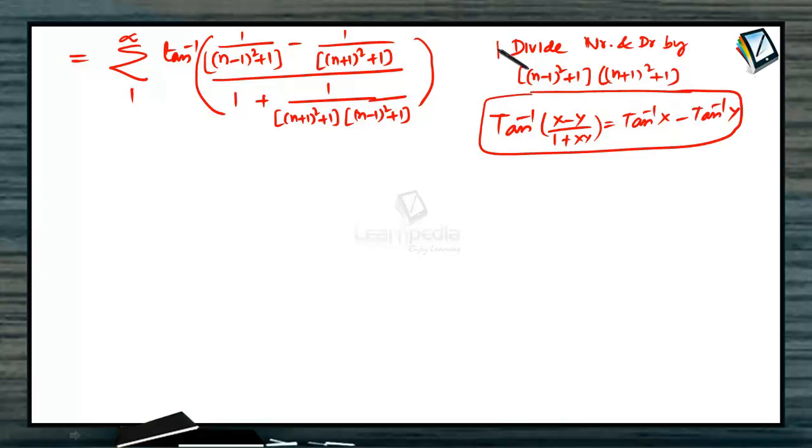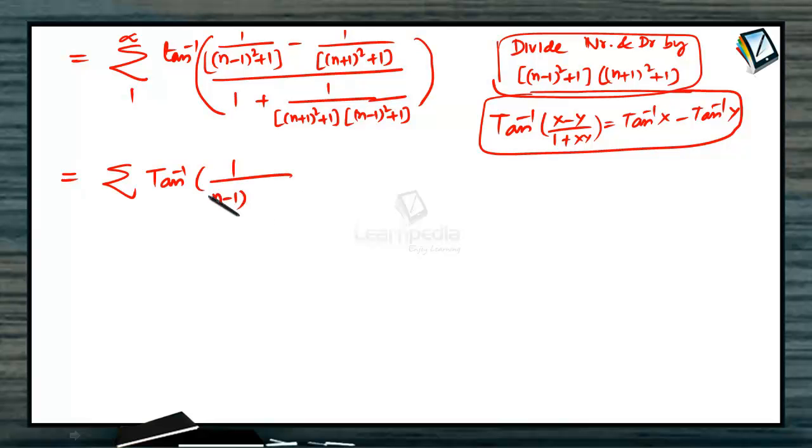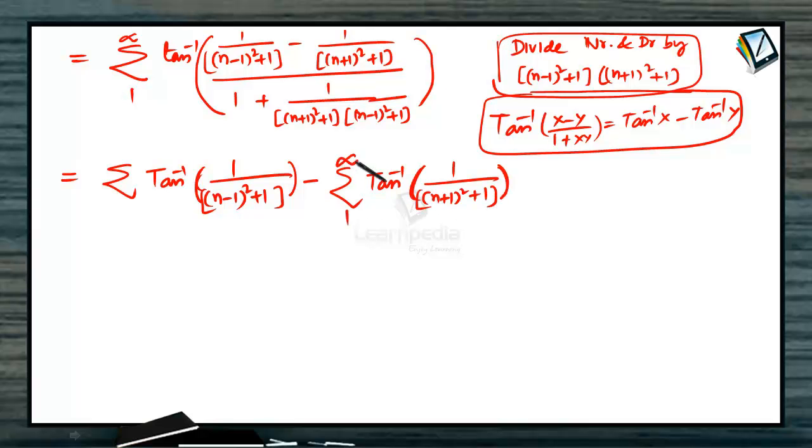So using this operation, we can write this as the sum of tan inverse of 1 by n minus 1 square plus 1, minus the sum of tan inverse of 1 by n plus 1 square plus 1. This summation is 1 to infinity.